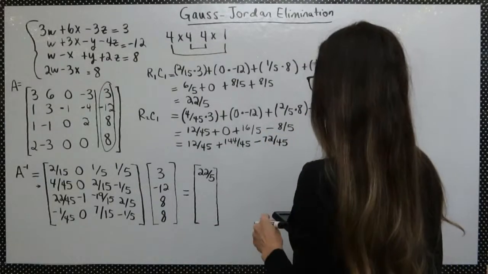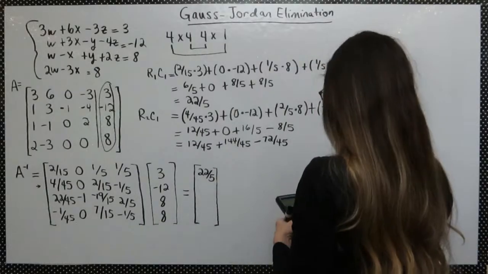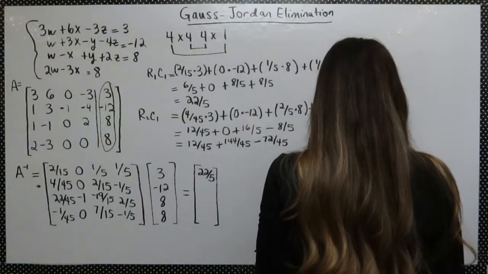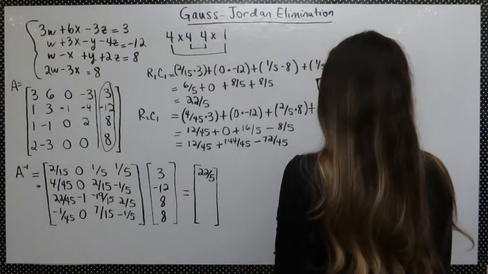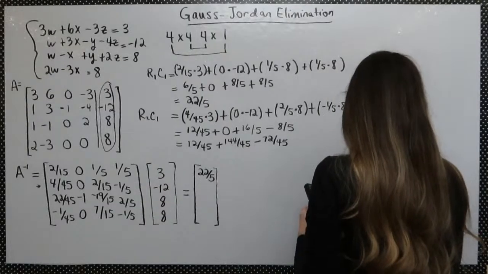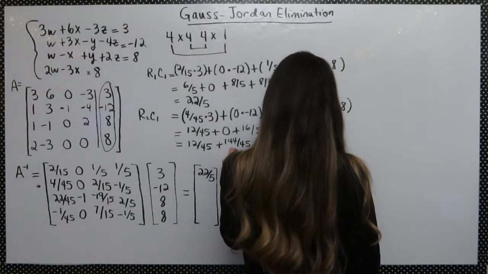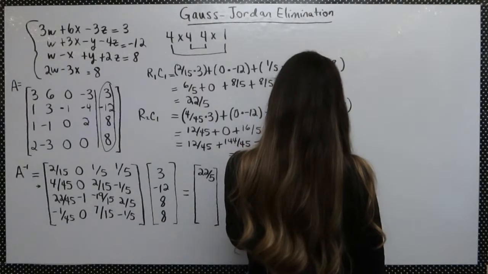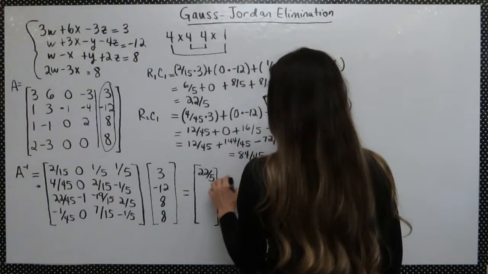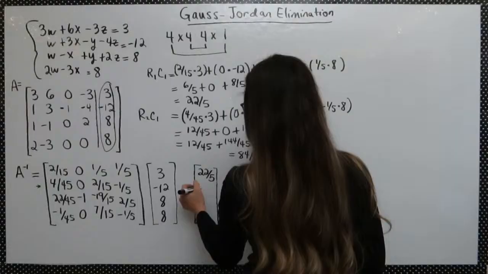All right, so we'll add the positives and then subtract the negatives. We got 156 minus 72. So this is giving me 84/45. So that's going to go here for my second solution.